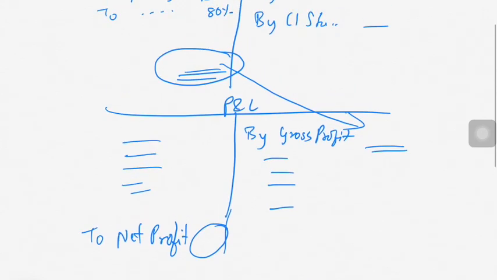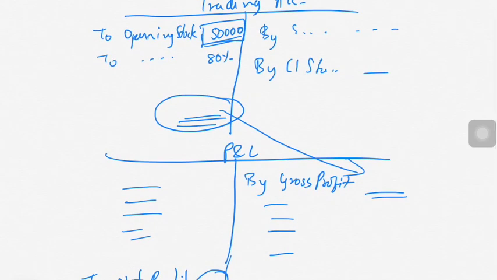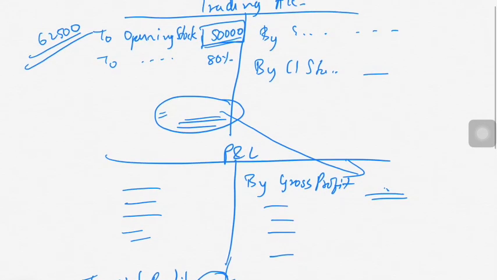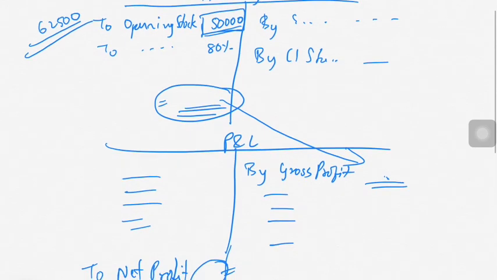So it is 62,500. The value of opening stock is 62,500, but it is posted as 50,000. So that means your gross profit is not correct. When your gross profit is not correct, your net profit is also not correct. Opening stock is like an expense, on the debit side.